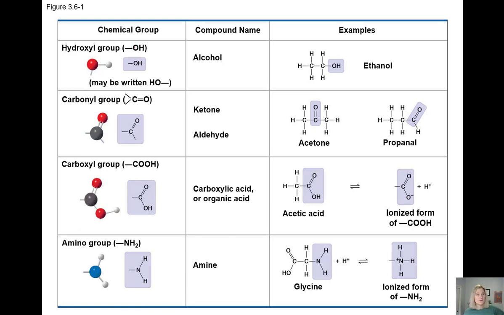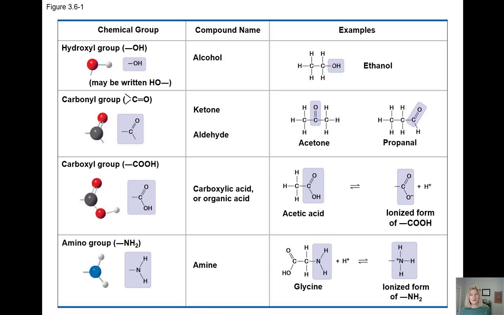Well, we can also have something called a hydroxyl group. That's where we have the oxygen and hydrogen bonded to the carbon, okay? And we typically call these types of molecules alcohols if they are present as that functional group in the carbon chain.